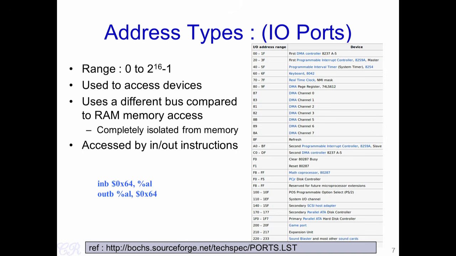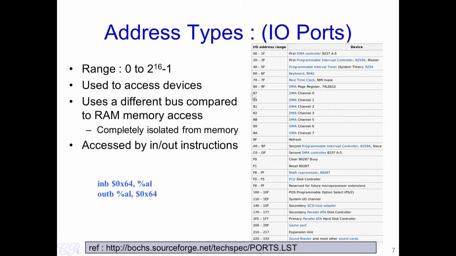Even now, when you boot your laptop or your desktop PC, which is an Intel system or an AMD system, the BIOS will expect several things. It will expect that there is a keyboard which is connected to your system, and the keyboard is accessible from the address range 60 to 6F.